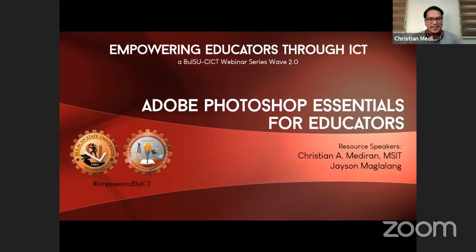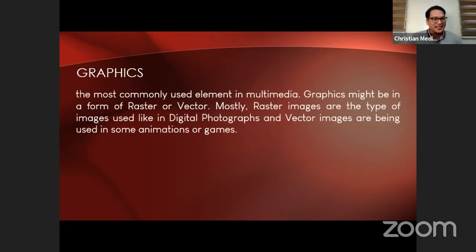So to begin with this topic, since we already identified the various multimedia elements in the morning session, this afternoon we're about to go through an extensive discussion about graphics. To give you a quick review, graphics is the most commonly used element in multimedia. Graphics might be in the form of raster or vector.